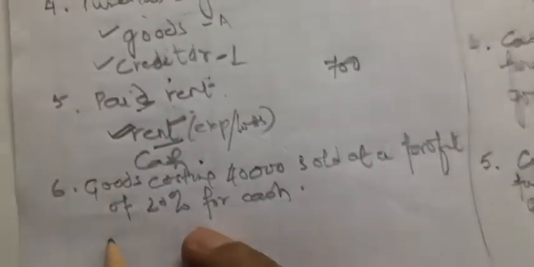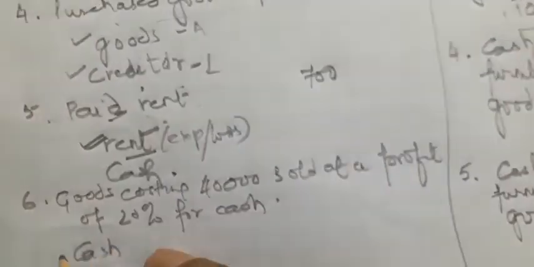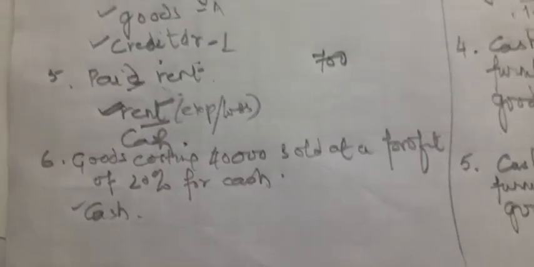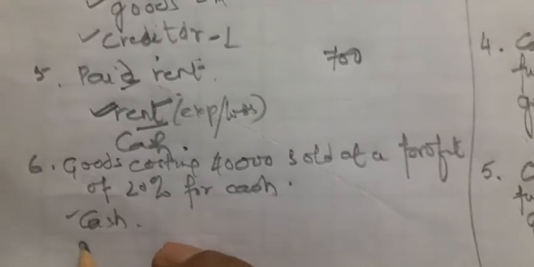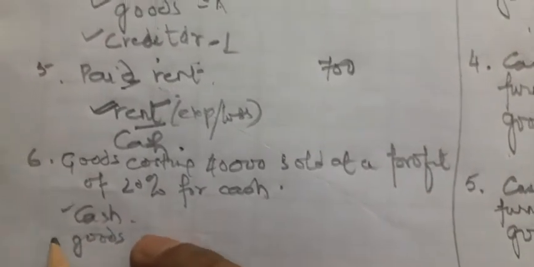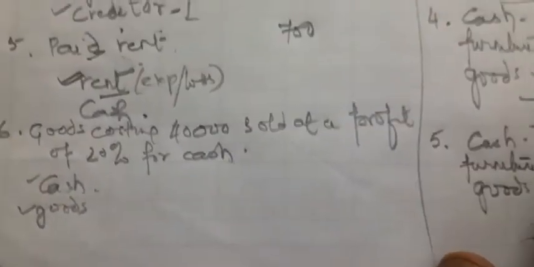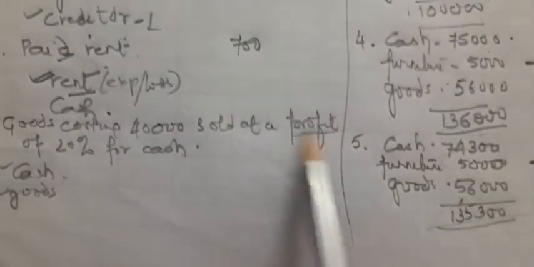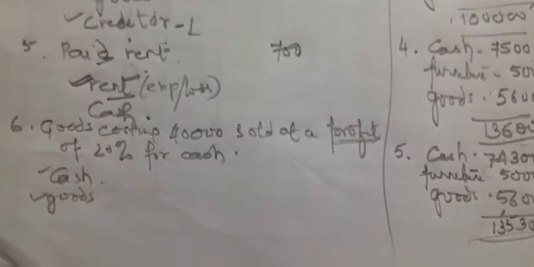So things involved here are cash, because we are selling goods, cash incoming in business. We are selling goods, so goods are going out. Two aspects. In this case, there is a third aspect also, because there is profit of 20% on cash.